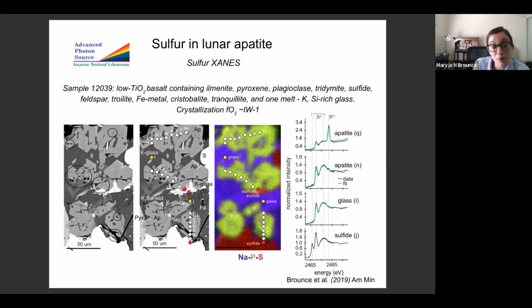Yeah, the bulk planets have 30 weight% of iron in them. Of course, they have very iron-rich cores, which are gigantic. And so the silicate mantles of those planets have much lower iron, and the basaltic melts they produce have more on the order of like 8 to 10 weight% iron in them. And in particular, these glasses, Brian asked a couple of minutes ago about their composition, are very, what we were saying in that conversation, evolved.